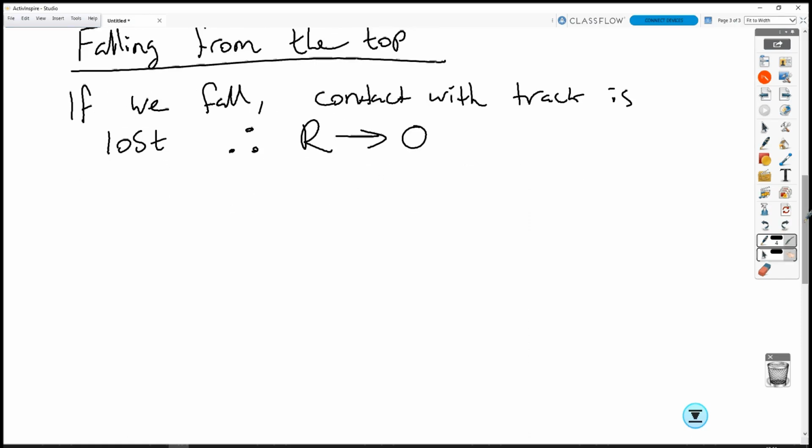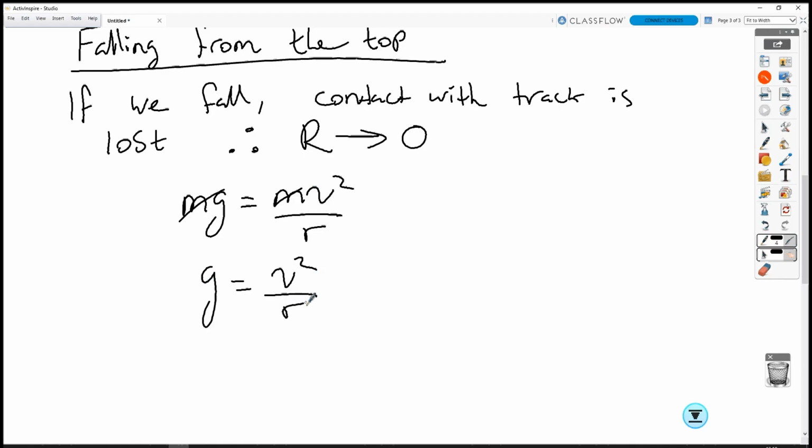And if R goes to 0, then we've got mg equals mv squared over r. The m's cancel out, and you get the exact same expression again. g equals v squared over r. Now in this case though, we're moving on the inside of a circle rather than the outside. So we don't want lower velocity in order to do circular motion, not take off.